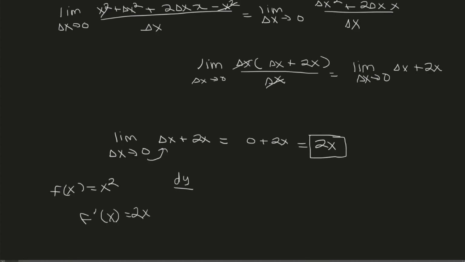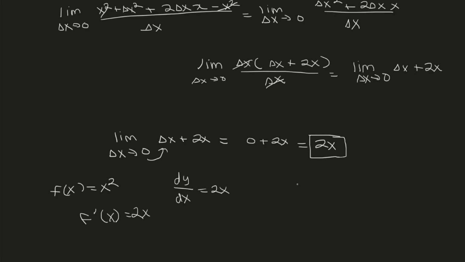So basically the change in y over the change in x equals 2x for that function. And what this 2x means is at any given x value, if you plug it into the derivative, you'll get the slope at that given point.